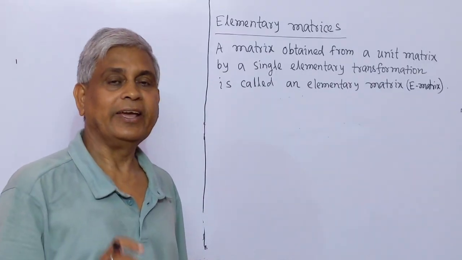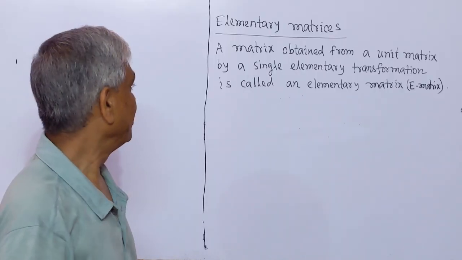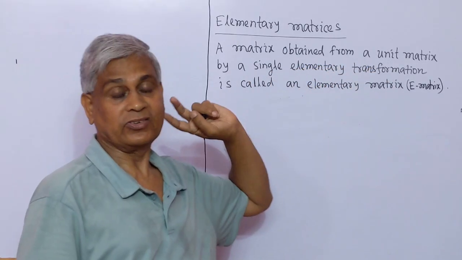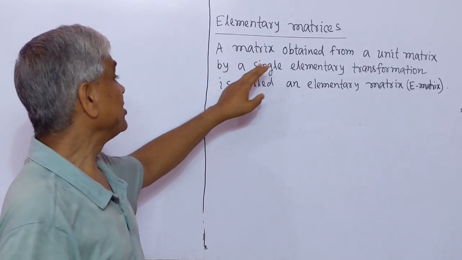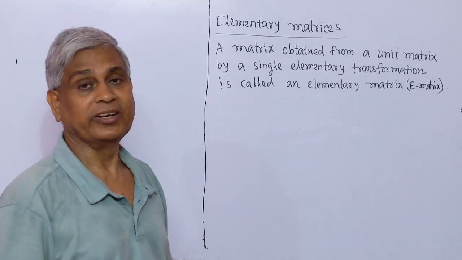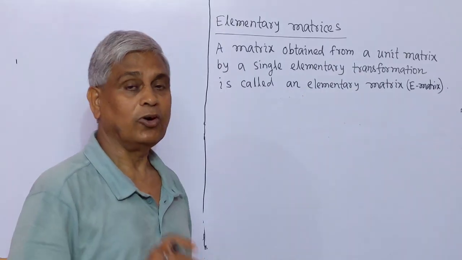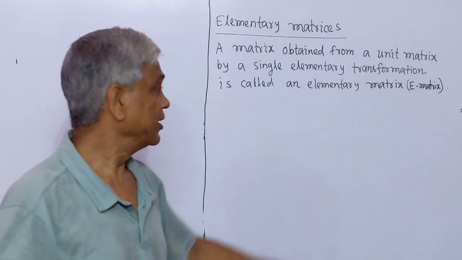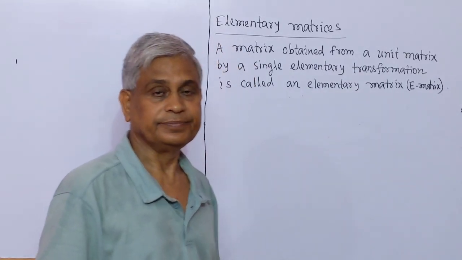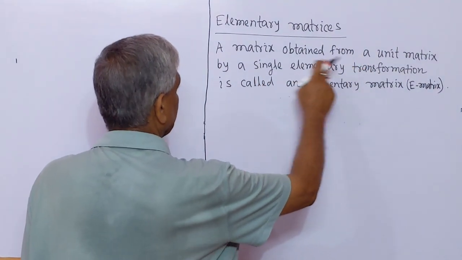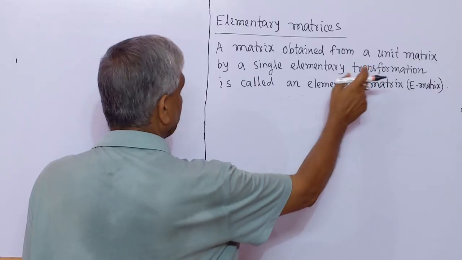Now we define elementary matrices. A matrix obtained from a unit matrix by a single elementary transformation is called an elementary matrix or E matrix. Firstly, we take the unit matrix.